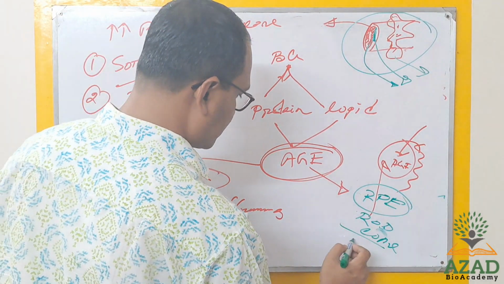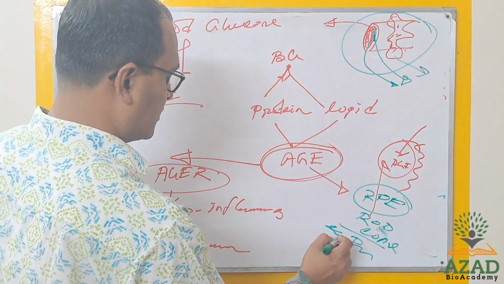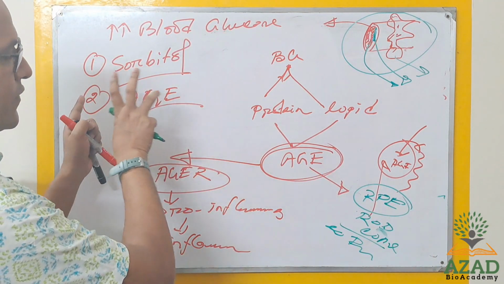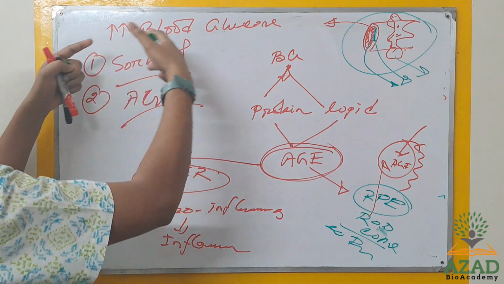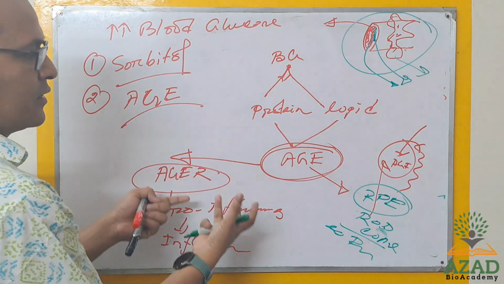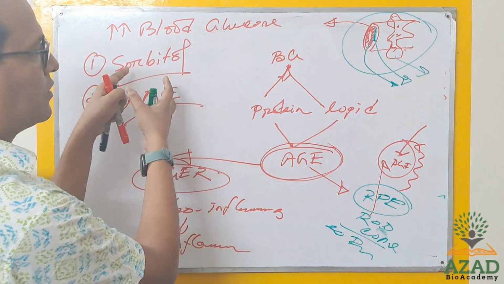It can be bipolar cell, it can be ganglion cell and glial cell and so on. So if such type of cells become dysfunctional by forming AGE and sorbitol, then what will happen?